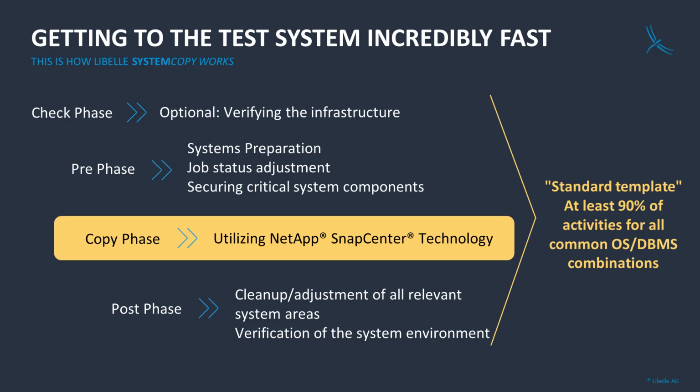In this phase, we are now including NetApp SnapCenter, and the copy from the source system to the target system is done using snapshot and cloning technology. Usually, NetApp customers have all necessary configurations already available in SnapCenter, so we only have to execute these steps using scripts which are now integrated into Libelle SystemCopy.